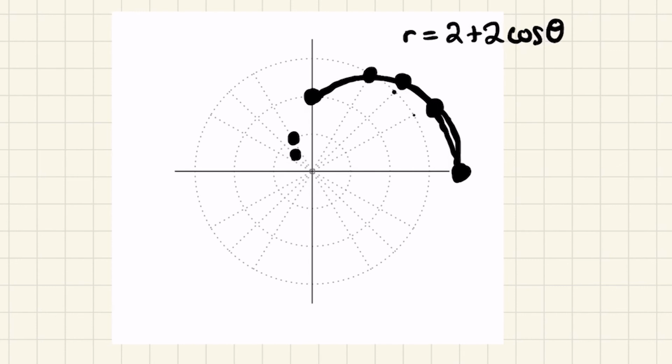Okay, and finally, for a moment, we have 5 pi over 6, and cosine of that will be negative root 3 over 2, so this is like 2 minus root 3, and that's about 0.3. And then, of course, at pi, we get 0. So this thing's going to come in along this trajectory, and it's actually going to come in to the pole here perfectly flat, because it's coming in at an angle of pi.